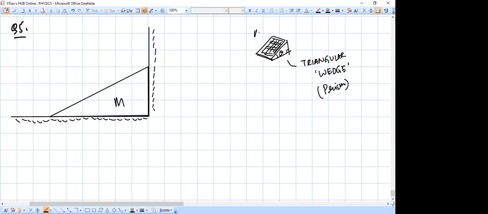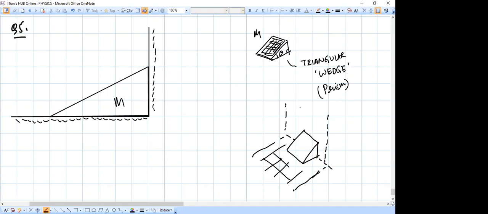So this thing is actually kept against a wall like this. This is the floor and this is the wall.